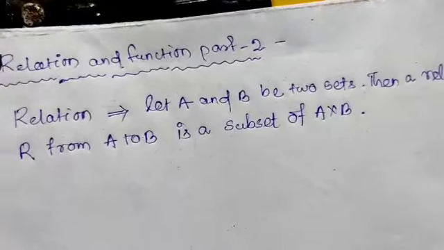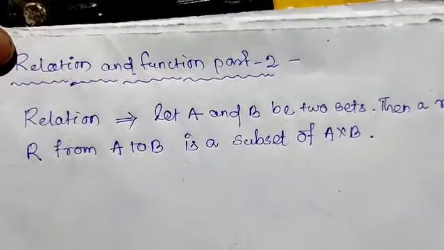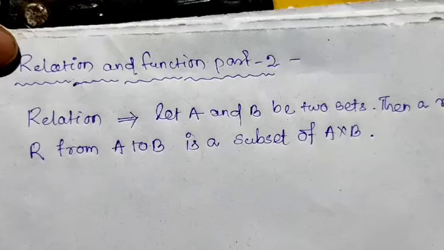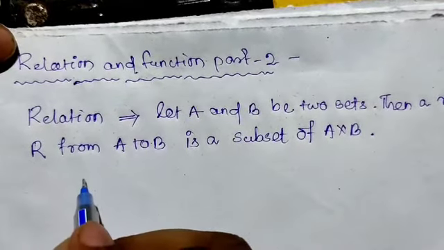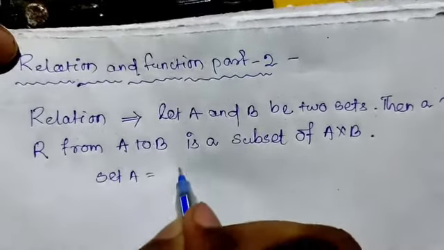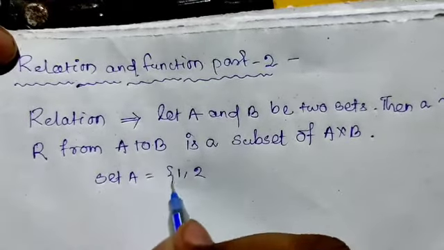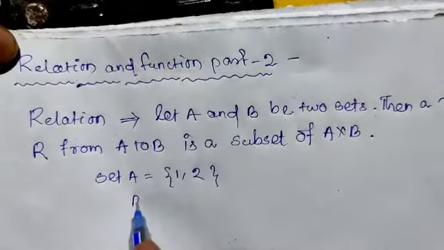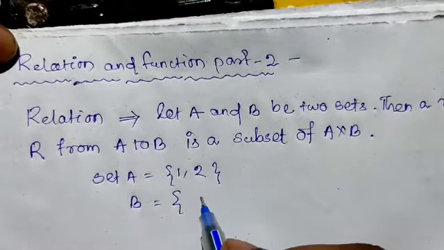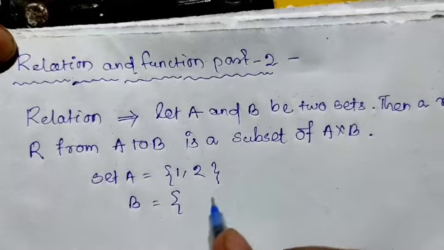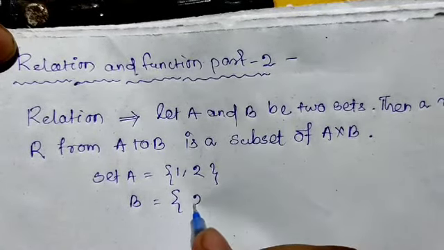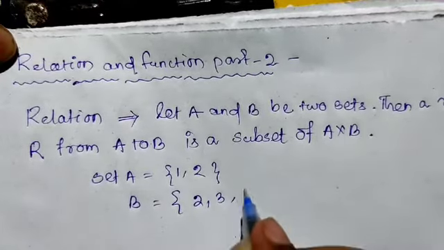So to understand this, let's take an example. Let set A have elements 1 and 2. Set B have 2, 3, 4 elements.